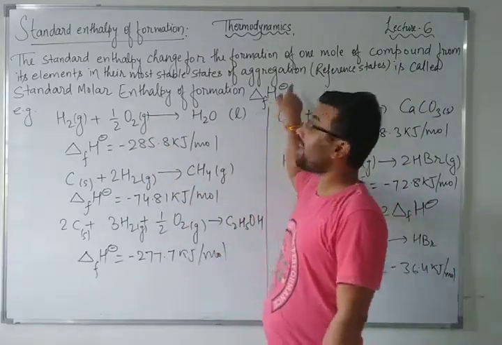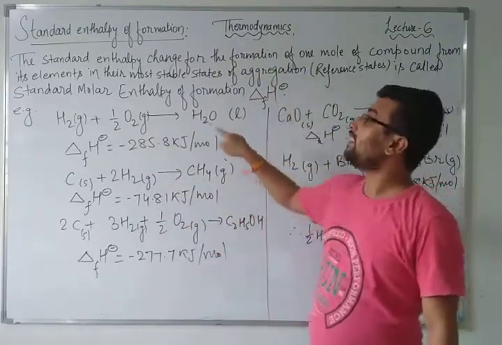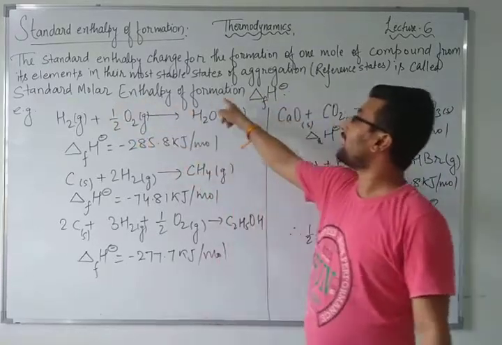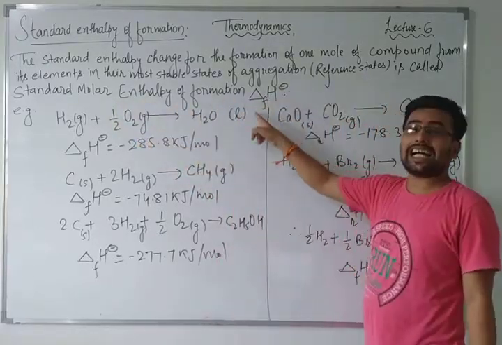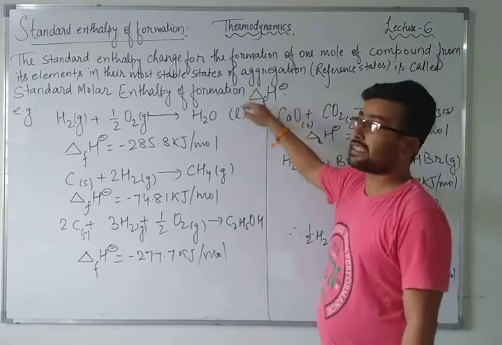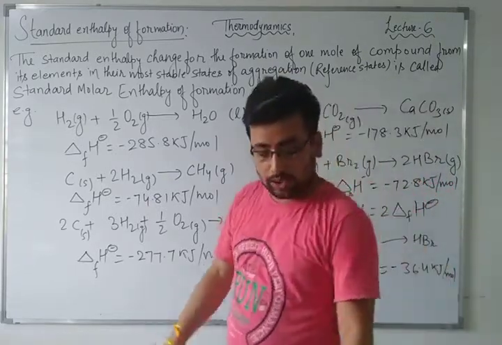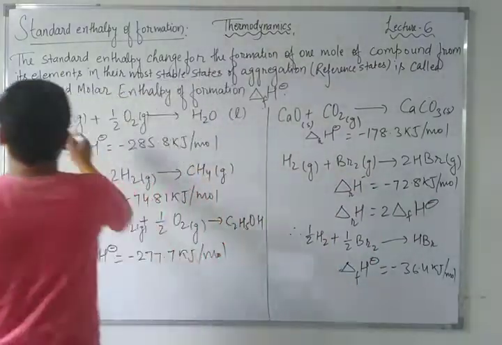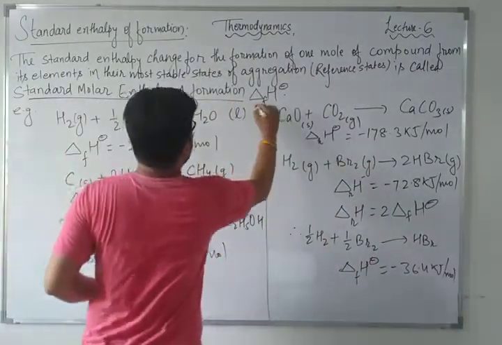Delta H R we wrote there, but here the standard molar enthalpy of formation is delta H F. So it is denoted by this symbol. Remember, dear students, it is denoted by this.